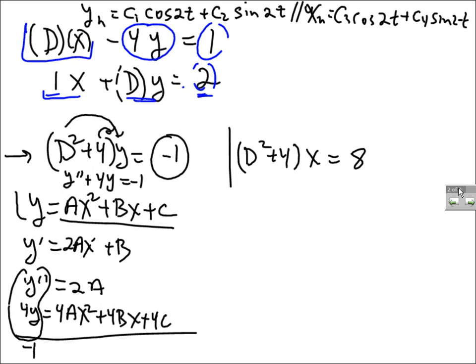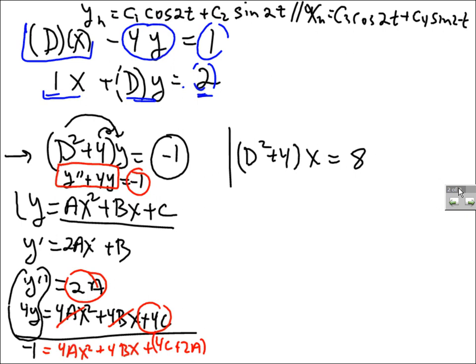After all, it said the second derivative plus 4y equals negative 1. When I add the right side, I get 4ax squared. I get 4bx. And when it comes to the constant, I get 4c plus 2a. That's my constant. Now remember, it equals negative 1. Well, negative 1 is 0x squared plus 0x minus 1. You equate. The 4a should be 0.